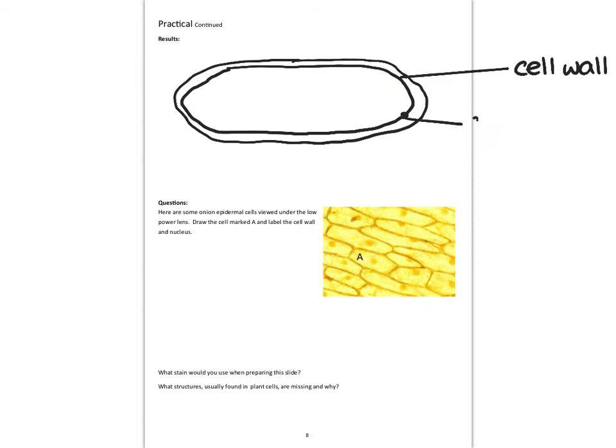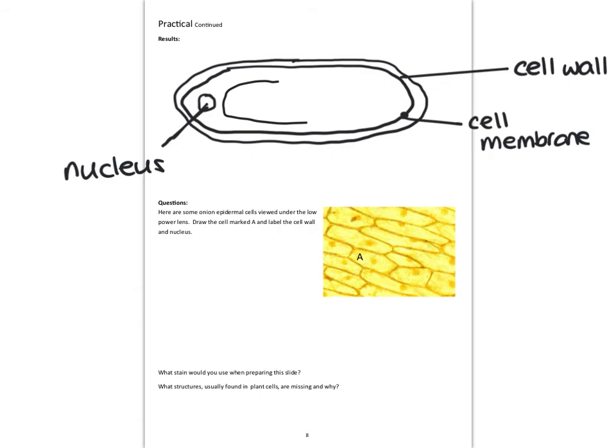And the inner layer is the cell membrane. We saw a darkly stained nucleus. And I managed to see in some cells the vacuole, so we'll add that in.